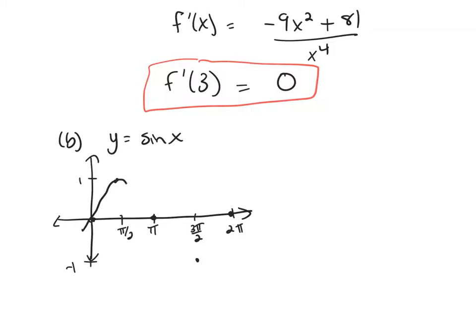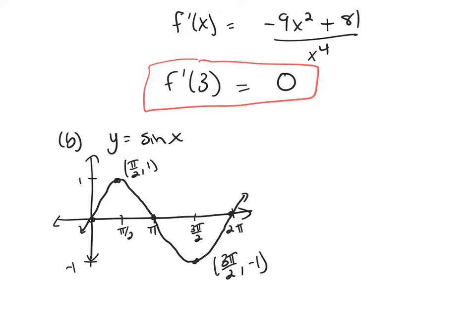So the graph looks like this. It's a repeating graph there. My two extremum values: this first one, pi over 2, 1. And then my relative minimum will be 3 pi over 2, negative 1.